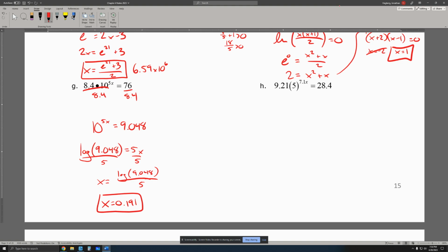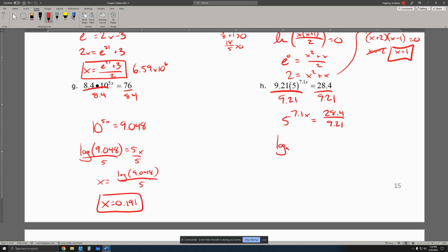Letter H, dividing both sides by 9.21. We get 5 to the 7.1x is equal to, I'm actually just going to round at the very end. We'll keep our answers exact until the very end.